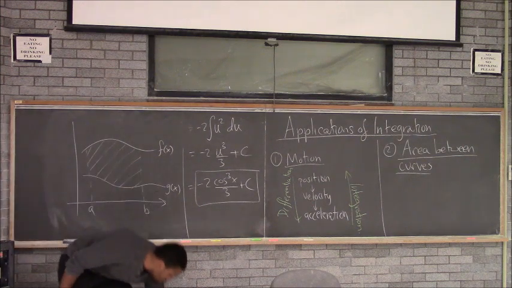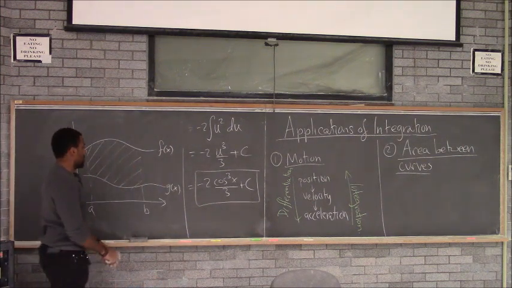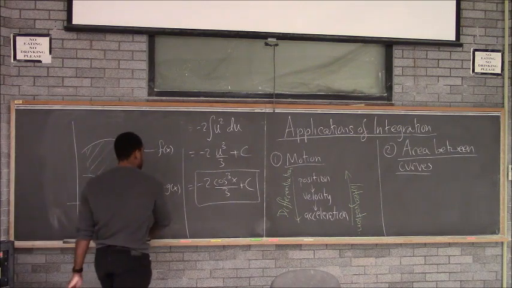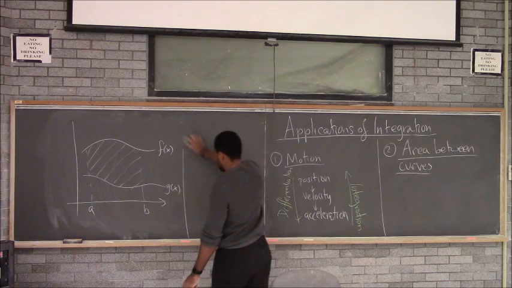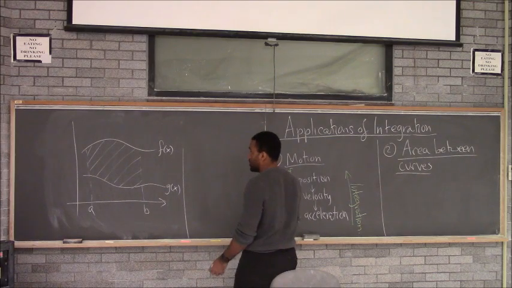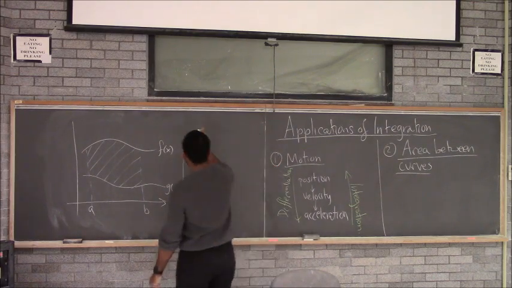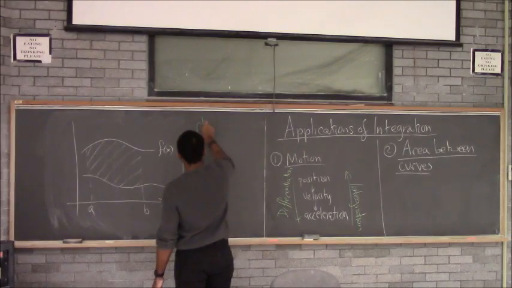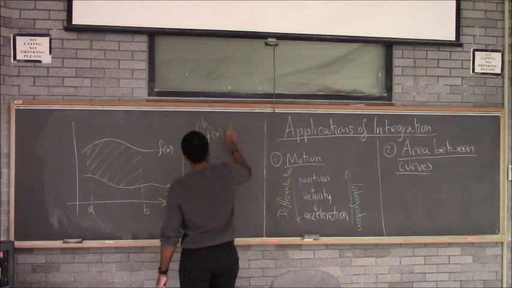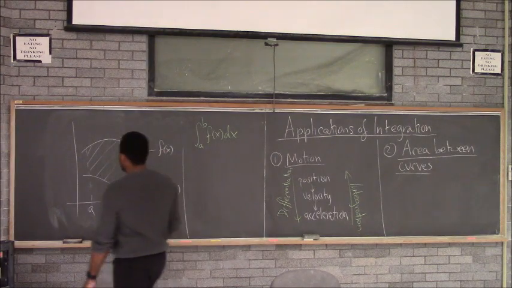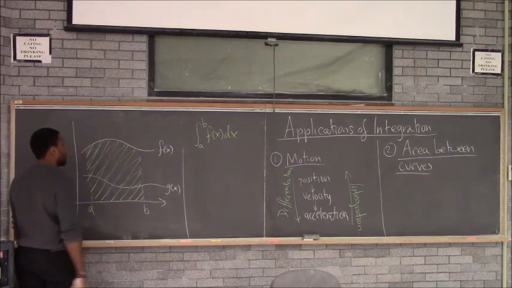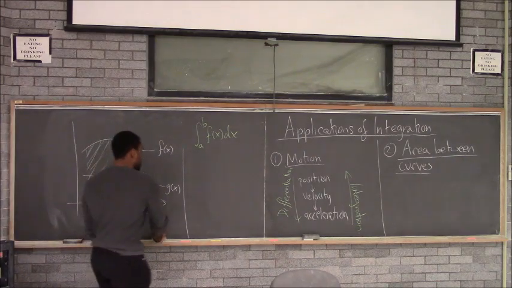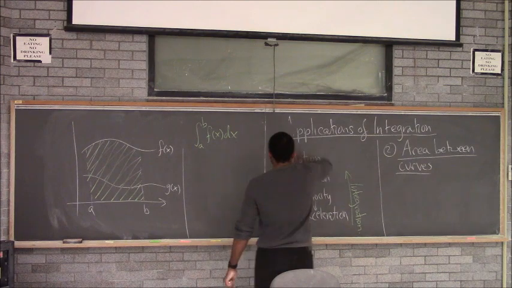Well, what you can do is find the area below each individual. So what we can do is something like find the area under the f of x, and that's going to be the green here. And then you can find the area under the g of x.